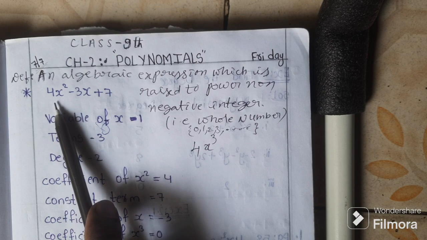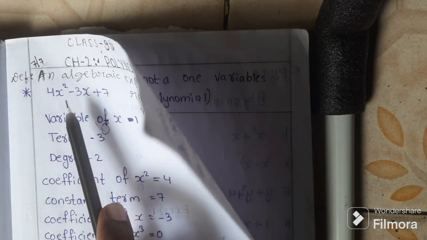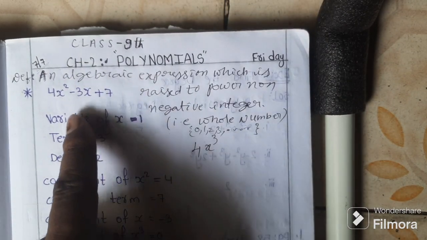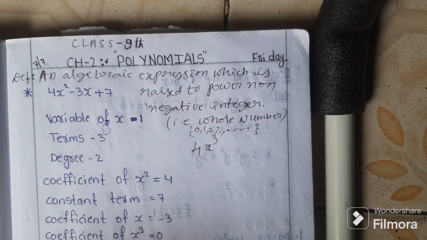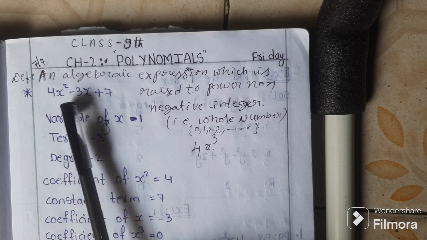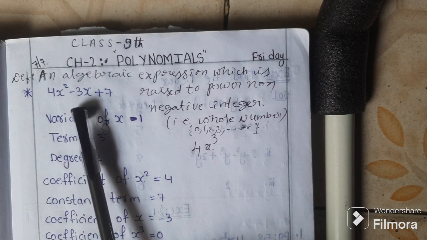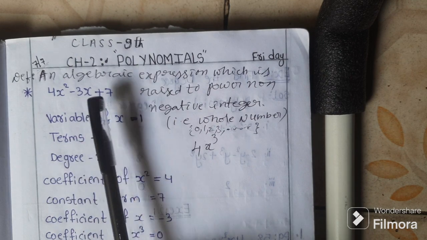So 4x square is one term, 3x is another term, 7 is another term. In between, minus is there, and another one plus is there. So these are the three terms in this: 4x square one term, minus 3x another term, plus 7 another term. So there are 3 terms.